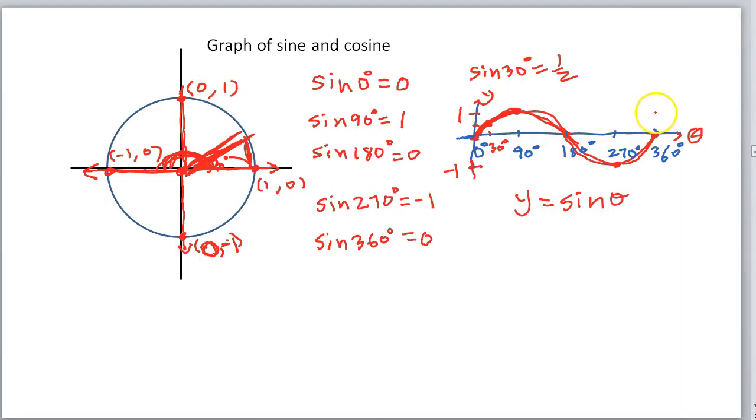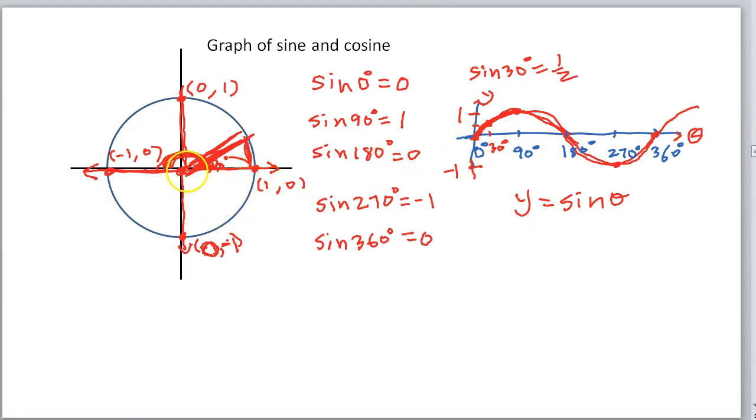This means that the sine function, if you draw it, is going to repeat itself every 360 degrees, because 360 degrees is a full circle. So if you continue to draw this graph, you would get the same kind of shape again and again. Okay. Not only that, you can also do negative angles.